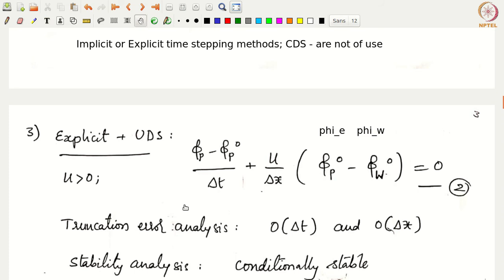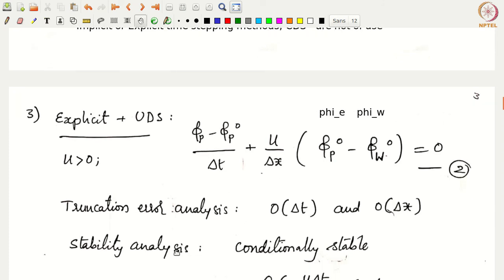Now of course if you perform truncation analysis, you get first order in space and first order in time, because the upwind difference scheme is first order in space as well. Now if you perform von Neumann stability analysis, you see that the method is conditionally stable.